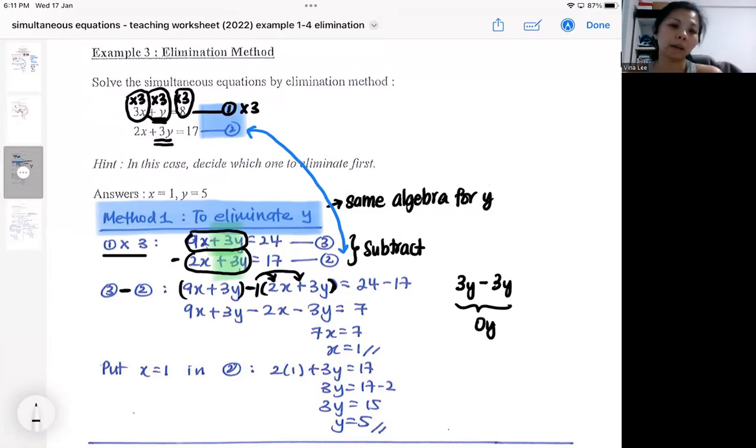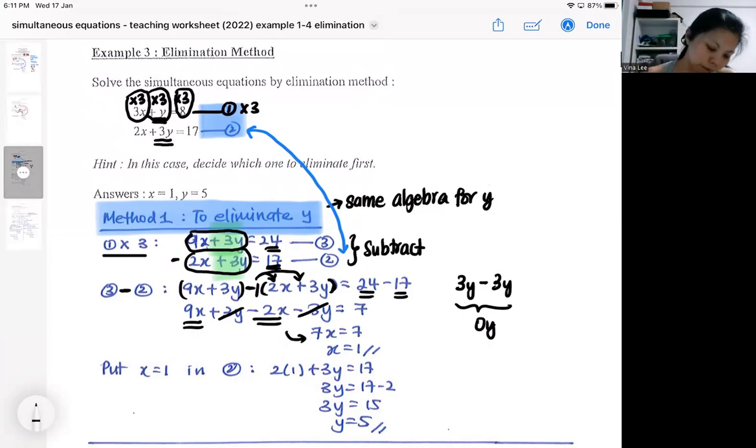The algebra side minus the algebra side, and the number side subtract the number side. If you open up the bracket correctly, you will find your 3y disappearing and you are left with 7x, and you can solve for your x.